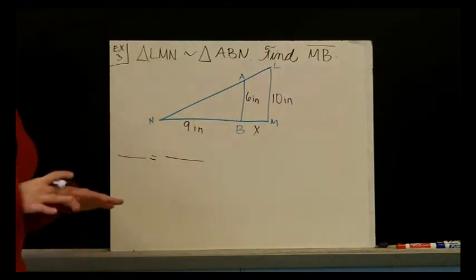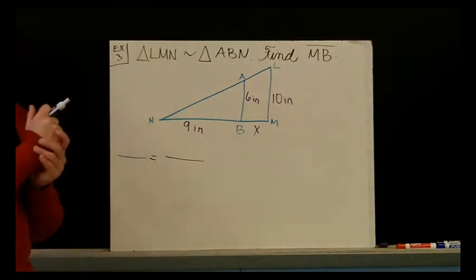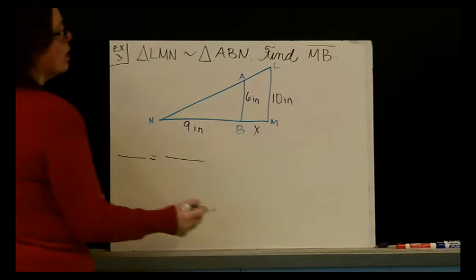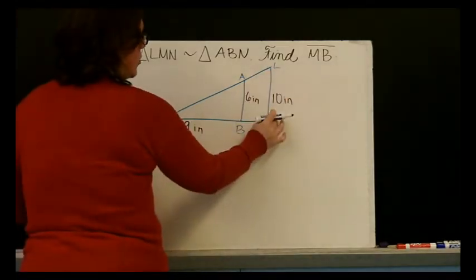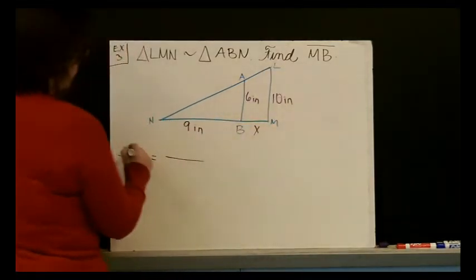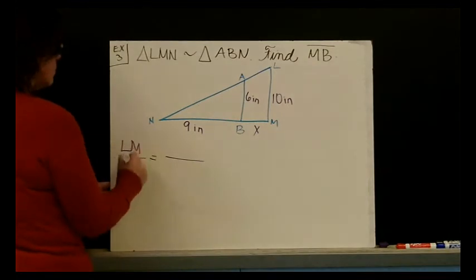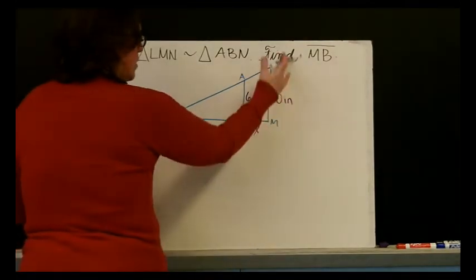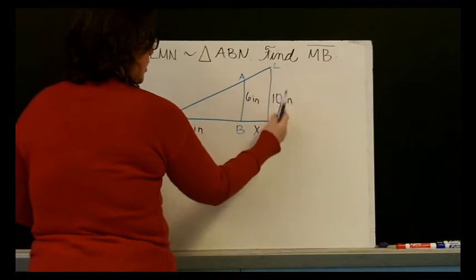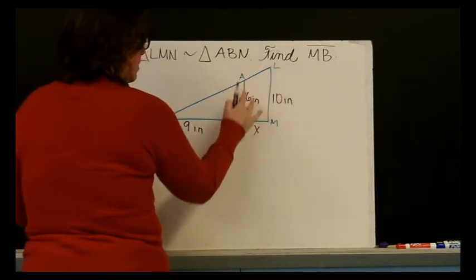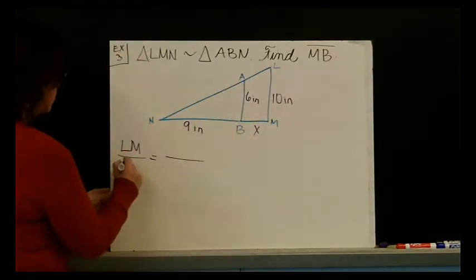Here's where it might get a little complicated, but just stay focused on one triangle at a time. Let's start with what we know. We know the length of LM. LM is the side length of this triangle. Side AB corresponds with it.